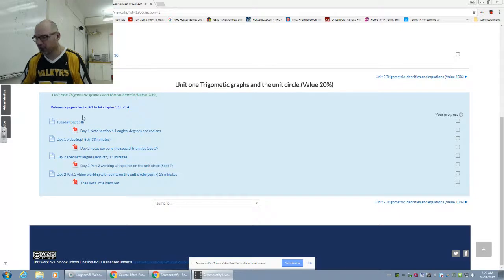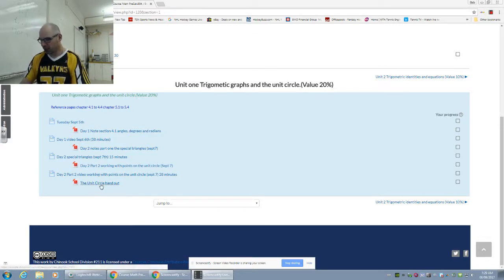So, just looking at the page here, what we've been doing so far. We're working today, we'll be looking at the unit circle. Here you can see that I put up a unit circle printout. I'm just going to click on this, and this is what we're going to derive today.